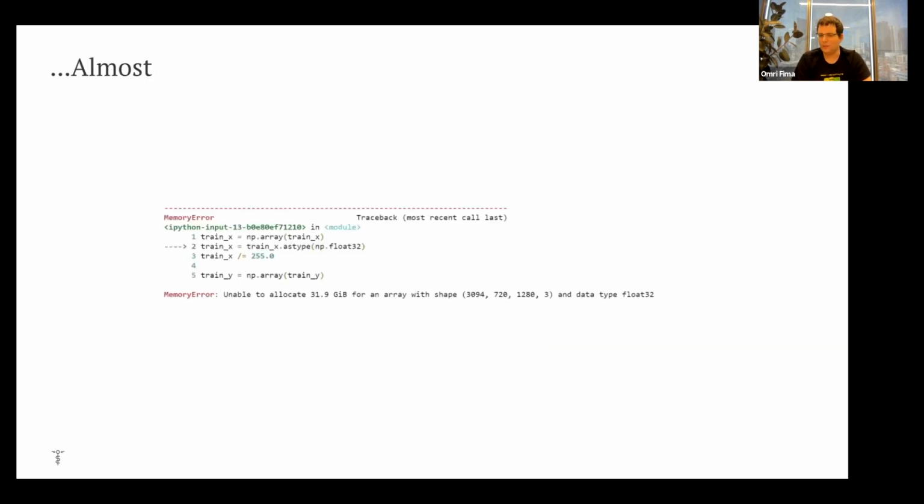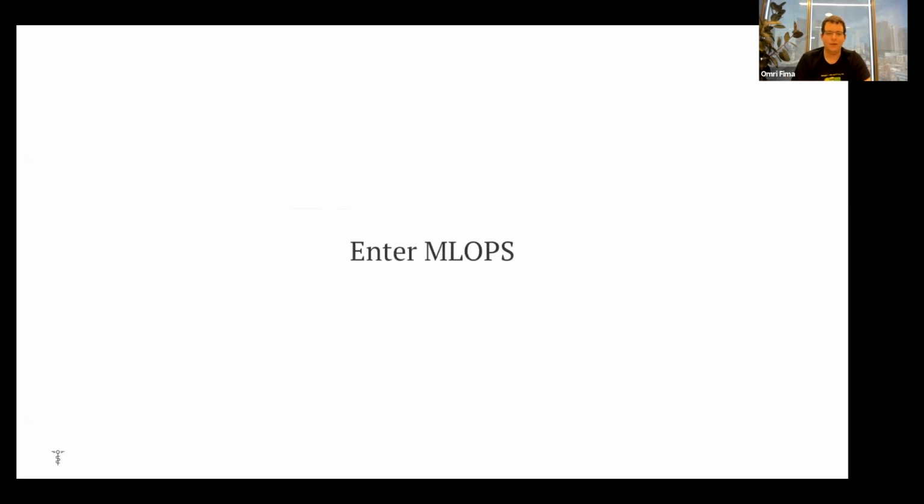Well, almost, not so quickly, because it all worked great when we're talking about that set of 300,000 patients. But when we're talking about 1 million or 20 million patients, working on notebooks is just not enough. And here comes MLOps. And MLOps might mean a lot of things.